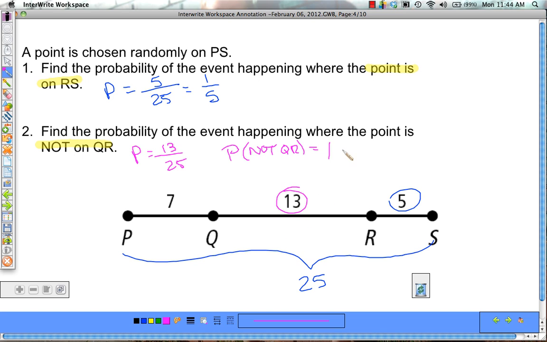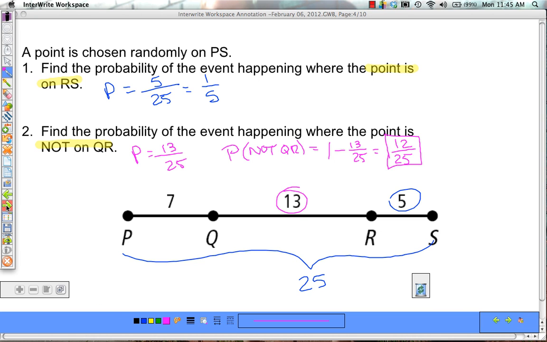So if we want the not, we want to take the 1 minus what could happen, and when we subtract, the probability of a point not being on QR is 12 out of 25. So that's just applying basic probability to our segment.